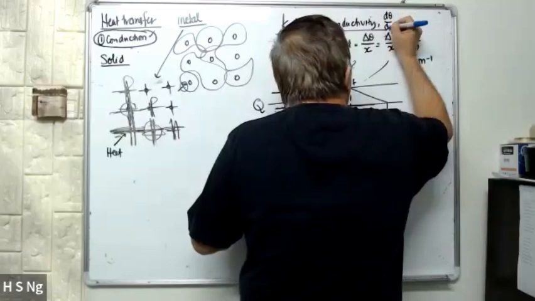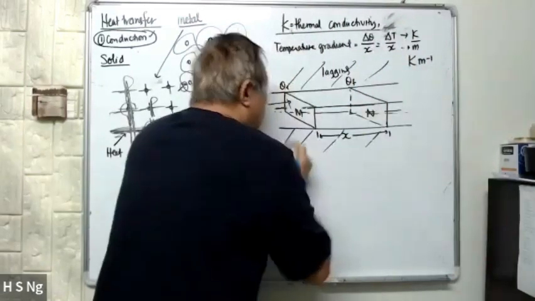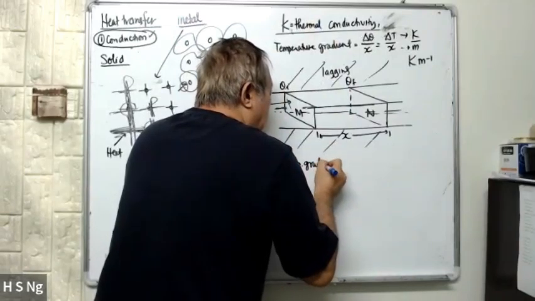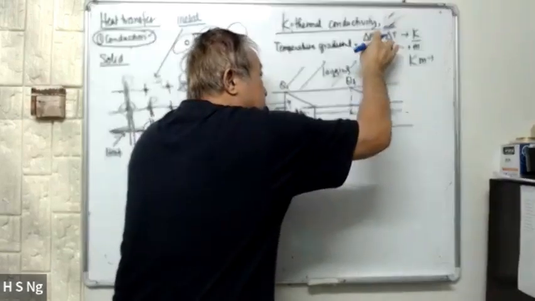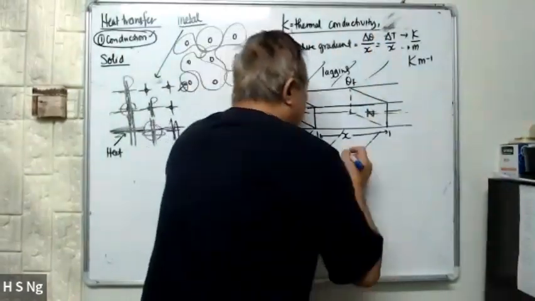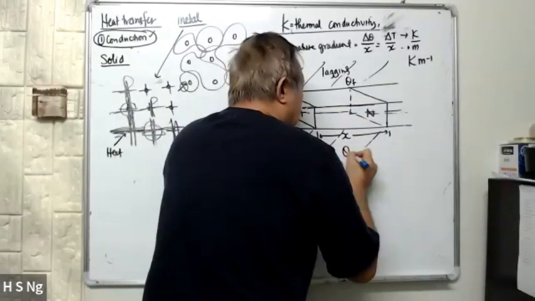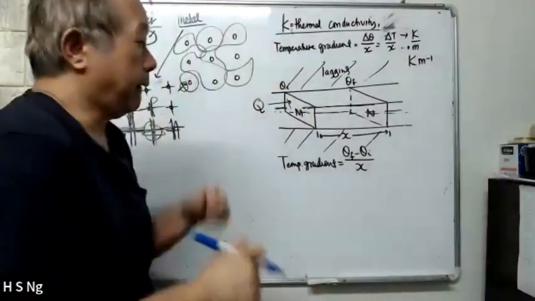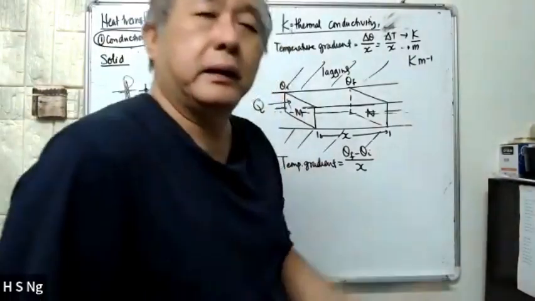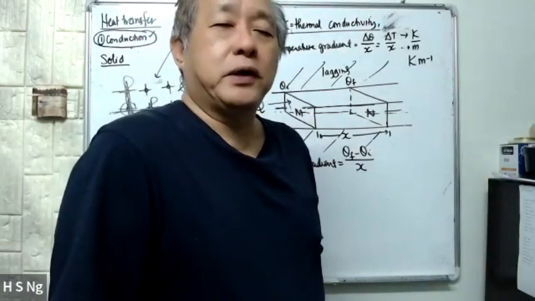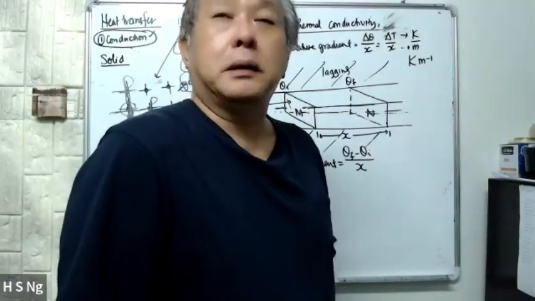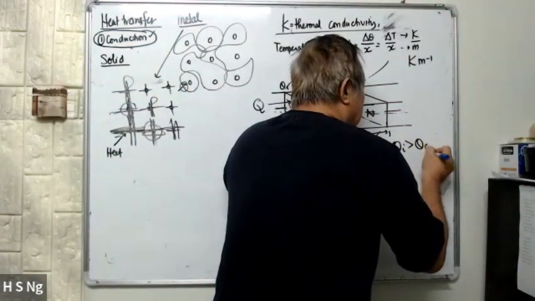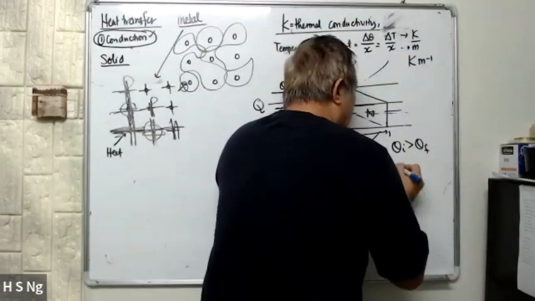By definition, temperature gradient is the change in temperature per unit length. So it will be the change in temperature like that, per unit length. But if we use it like that, according to the definition, the temperature gradient will be negative, because this one is higher than this. So this quantity will come out negative.